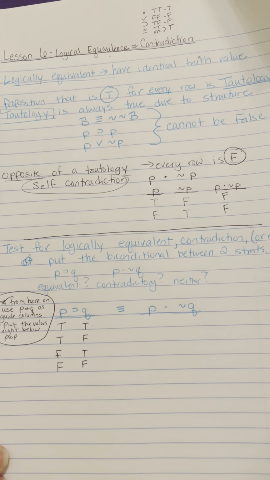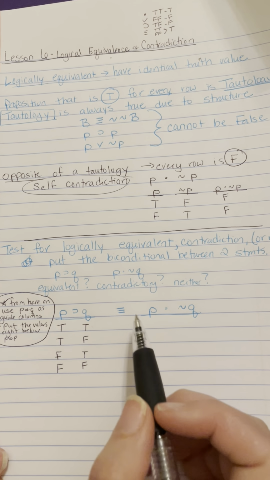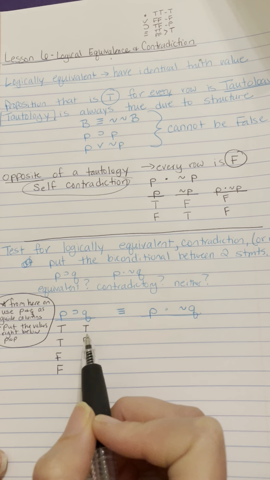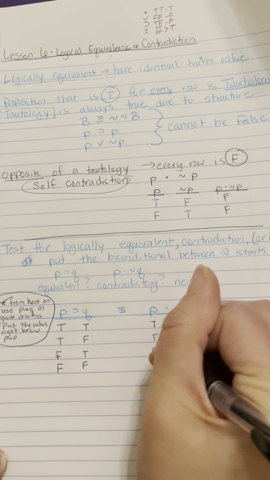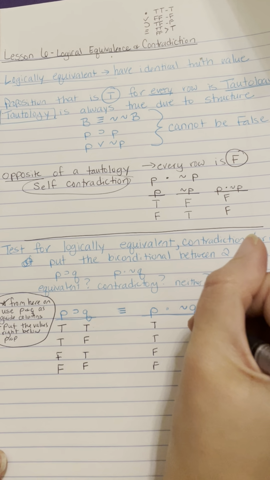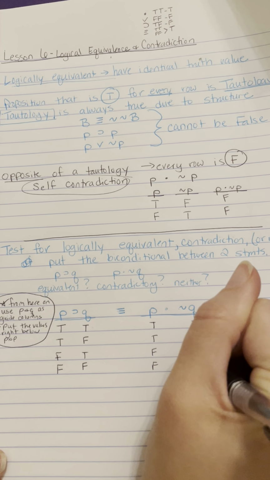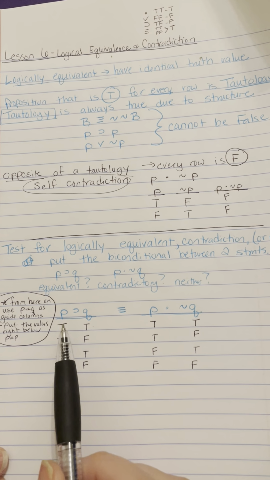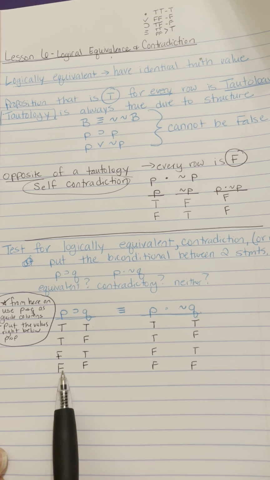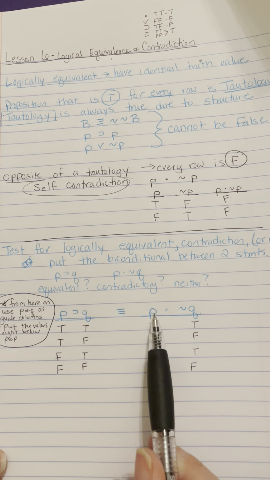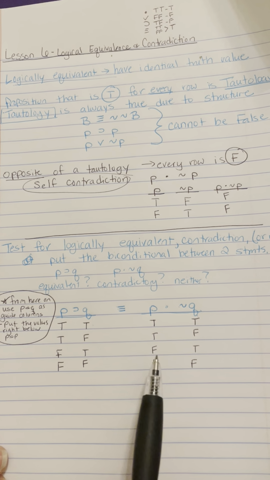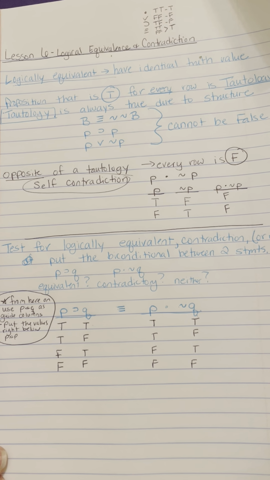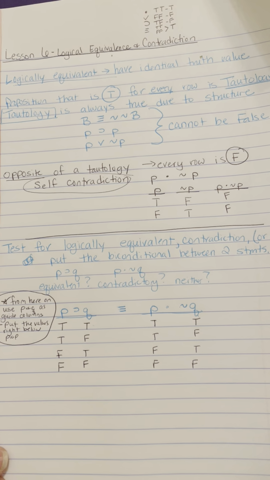Okay, so we also have a P and a Q here, so we would copy that same thing right there. True, true, false, false, true, false, true, false. And when we're doing this, it's very important that it is directly underneath the P, directly under the Q. Okay, and that's going to make more sense in just a minute. All right, so I'm going to grab a different color.